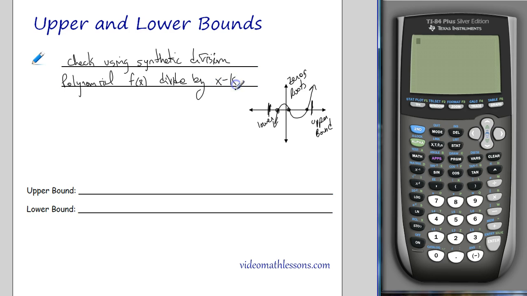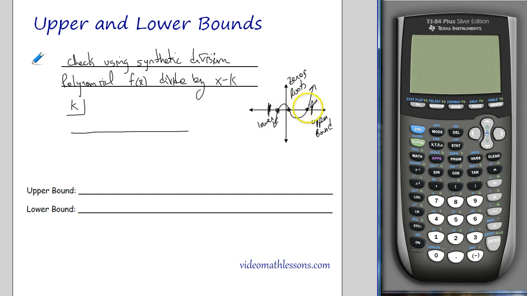So very similar to what we used to do when we wanted to check to see if k was a root, right? We would do a synthetic division, and I would take whatever this was, or the opposite sign. So if it says minus k, I put positive k in here. If this was plus, I would put the opposite. And we run through with synthetic division, and if this last number was a 0, that would be a root.